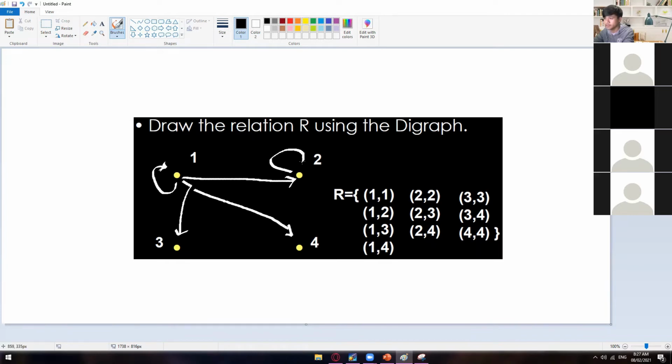Again, it will just go back to itself, and then 2, 3, and then 2, 4. Then we have here 3, 3, and then we have here 3, 4.